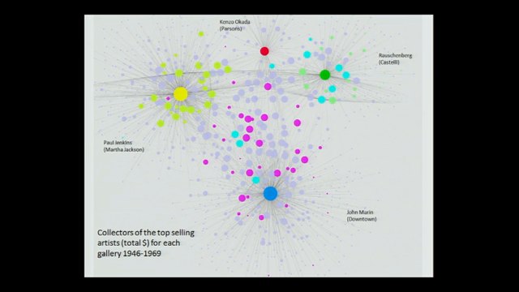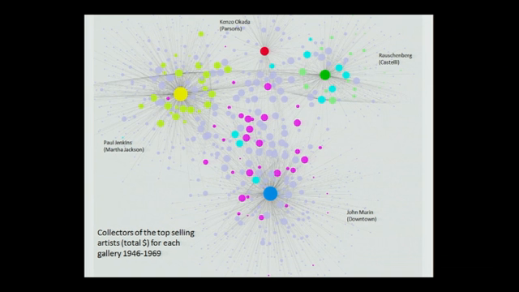And then I started looking. I was able to map the circles that circle around each gallery. They're mapped by size. So a large node does a lot of purchasing, a small node is not significant. And I started to look at who was represented by these nodes. I found that around Martha Jackson, the largest nodes were businesses. Around Downtown Gallery, the largest nodes were a museum.